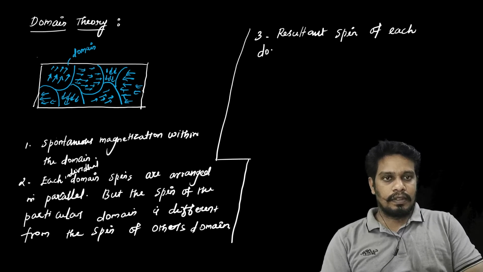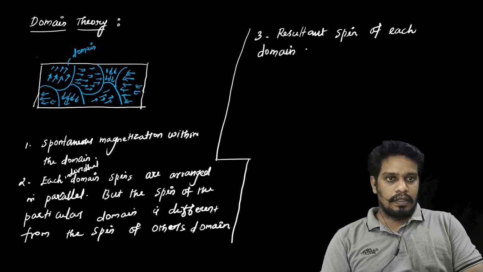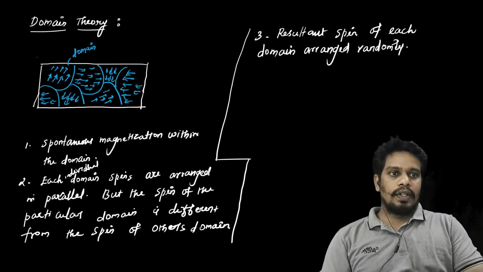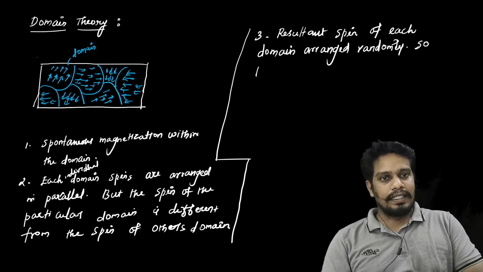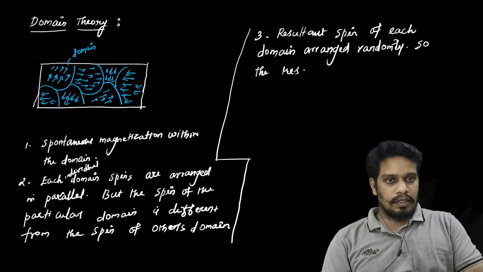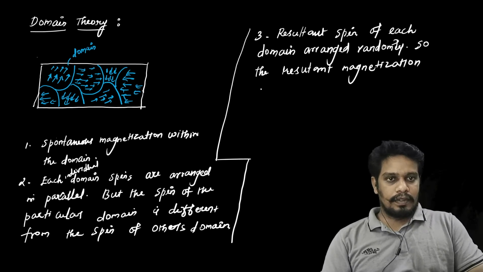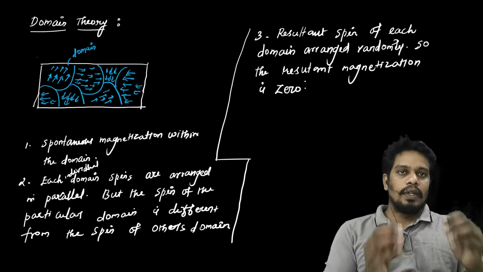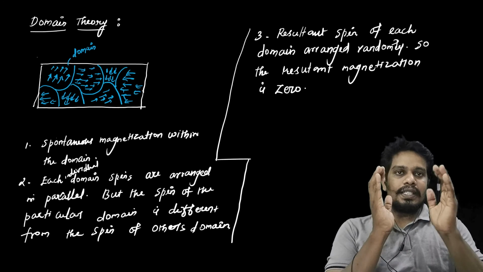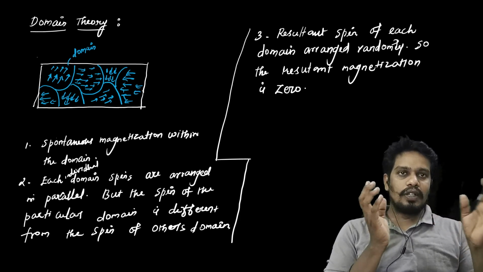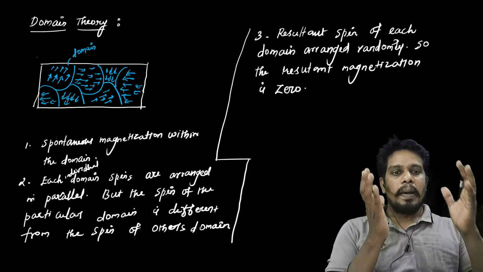Each domain is spontaneously magnetized, but the resultant spins of individual domains are randomly arranged, so the resultant magnetization is zero.